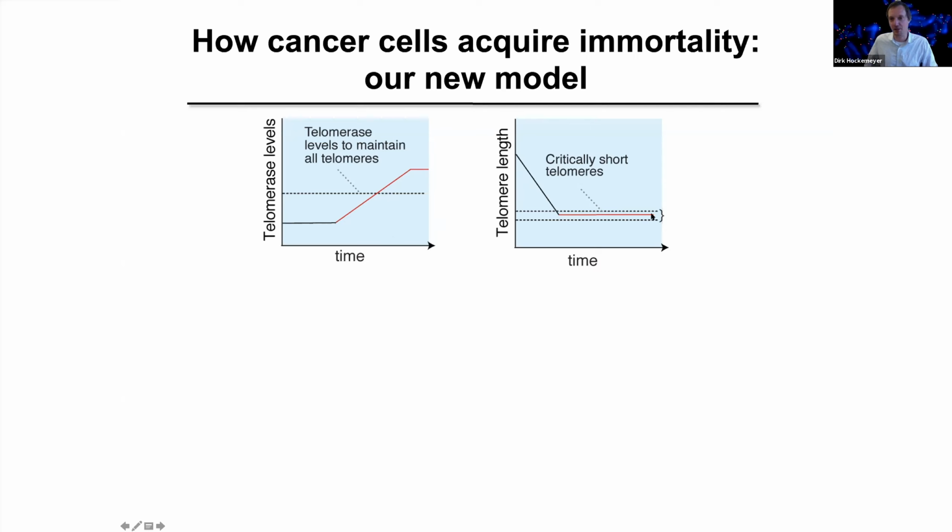And this selective pressure leads to the slow and progressive upregulation of telomerase levels until telomerase levels reach a threshold that all telomeres can be maintained over time.